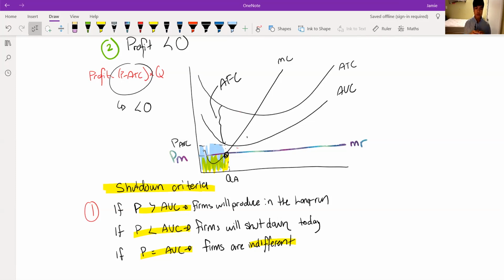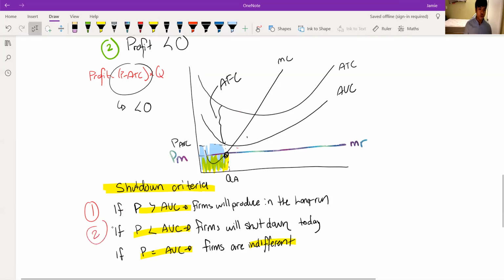I have to pay my variable cost and an average fixed cost if I produce at QA, or I could shut down now and just bear my fixed cost. Well, clearly, if I just bear my fixed cost, that would be a lot less cost compared to variable cost plus fixed cost. So in this scenario, when the market price is below the average variable cost, then I'm going to shut down. Okay, that's scenario 2.